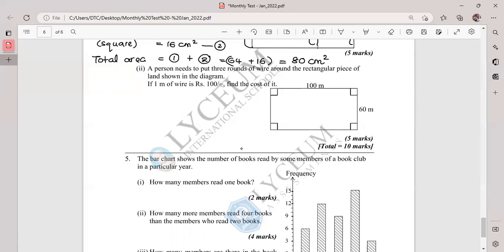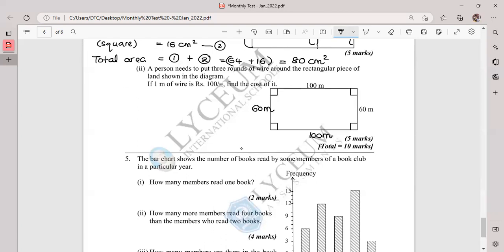And how many times do you want to go like that? 3 rounds, right? Before going 3 rounds, first of all, we want to calculate if I go around 1 round, what will happen, right? Here, this is a rectangle, children, and they have given 100, and this also will be 100 meters. And this also will be 60 meters, right?